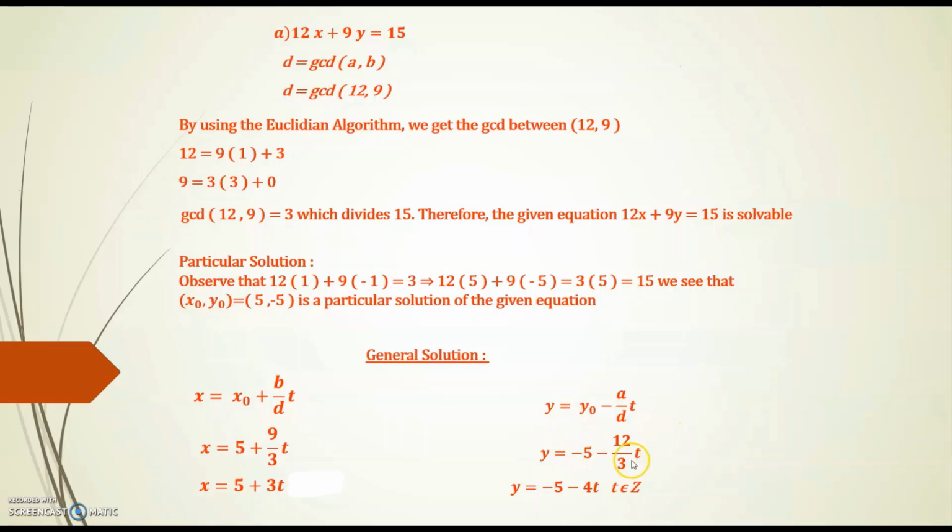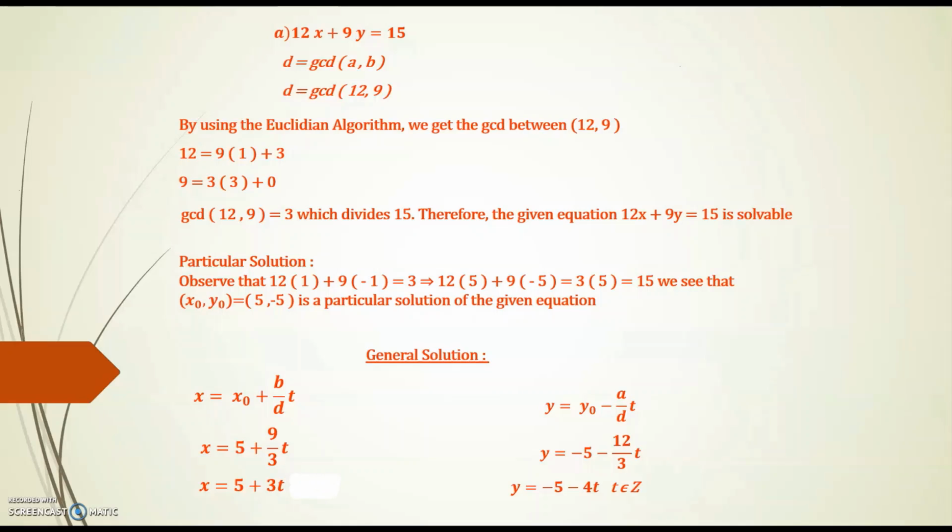We get that y equals negative 5 minus 4t, where t is an integer. And in this way, we got both the general solution for x and for y. And we arrive at the conclusion that the equation is solvable.